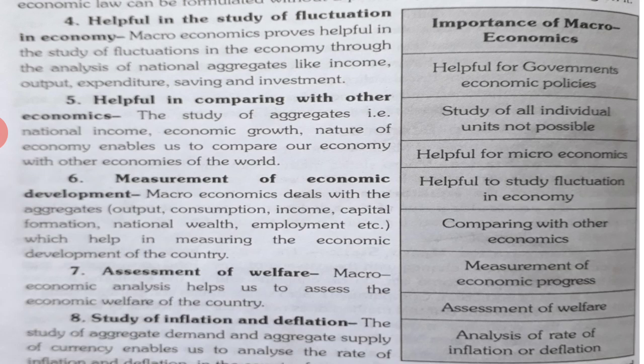Then the fourth point is helpful in the study of fluctuation in the economy. Actually, capital formation is the most vital and prominent factor of an economy, and it can be done through income, by making an equilibrium of income, expenditure, saving and capital formation, the last stage.